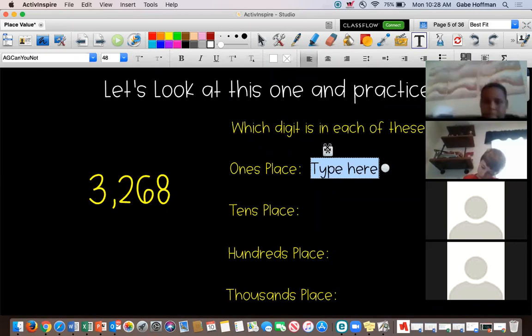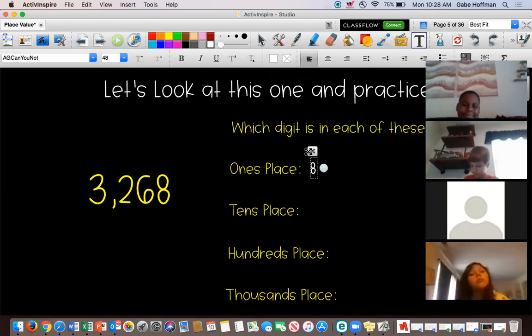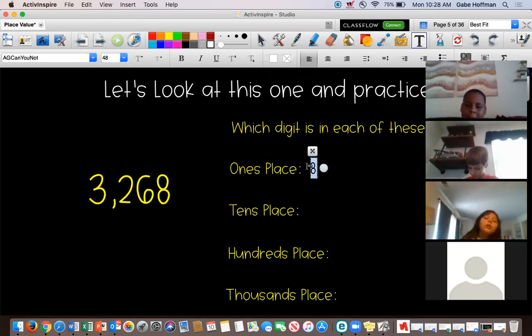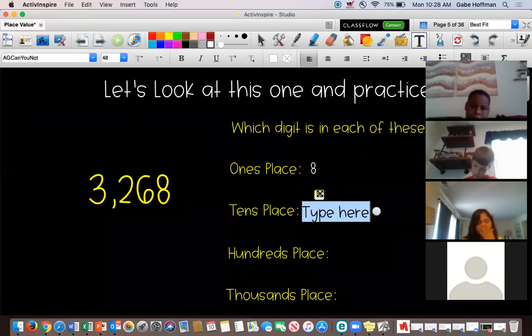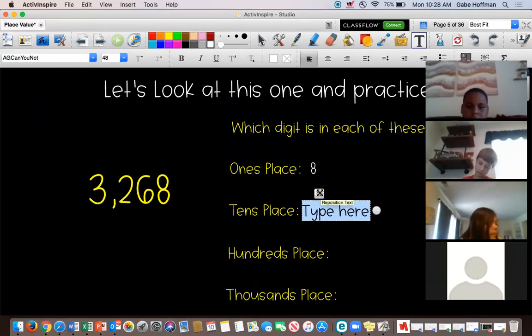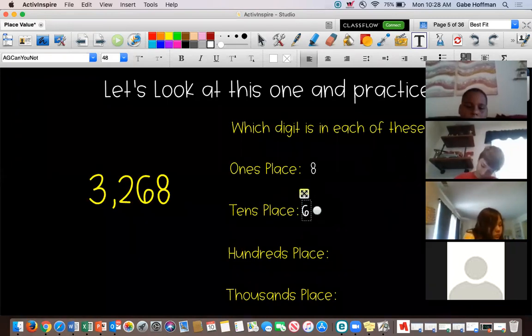Cynthia, what is in the ones place? 8. Very good. And somebody else raise your hand for the tens place. Tell me what digit is in the tens place. Henry. 6. Very good. 6 is in the tens place.